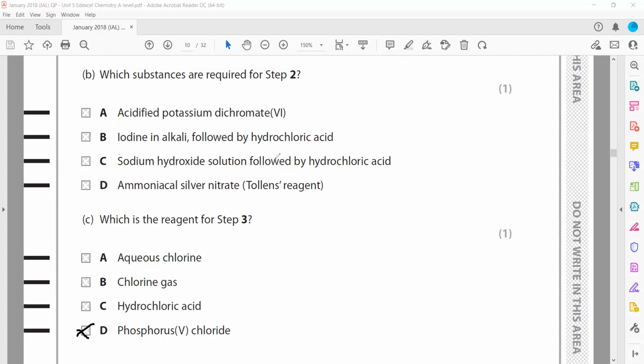That's right. If we have a carboxylic acid and add PCl5, it gives C double bonded with OCl plus POCl3 plus HCl. Misty fumes will be observed.